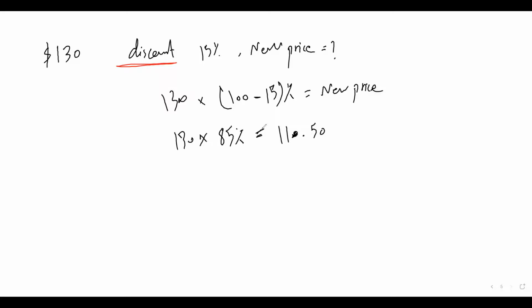So let's say we have a farmer who increases the yield on his farm by 15%. So the yield is increased by 15%.